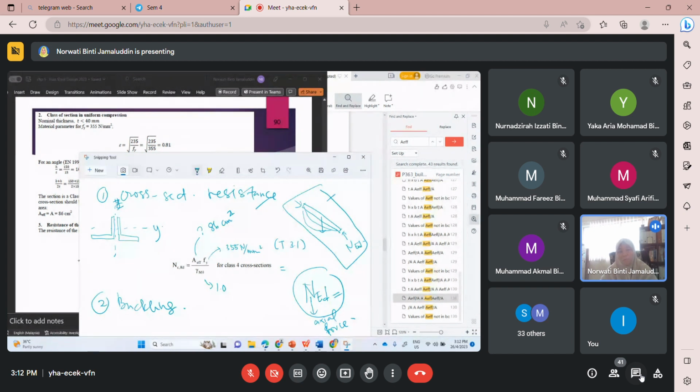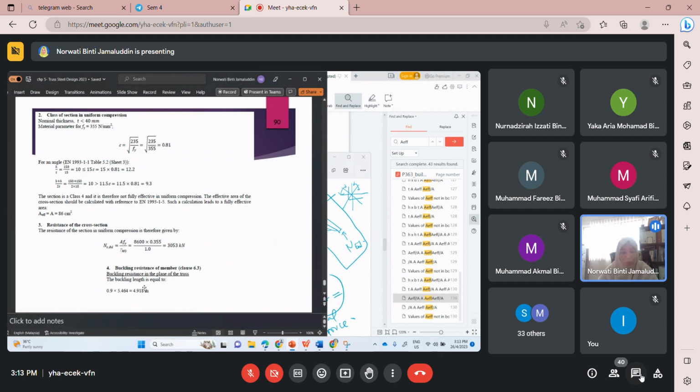But for single angle, remember it can buckle VV, UU, YY, ZZ. We have 4 axes. So that's why in this case, we will only assess buckling about 2 axes, Y and Z.